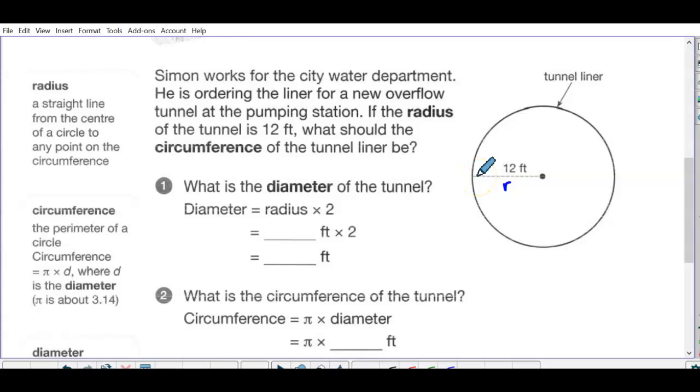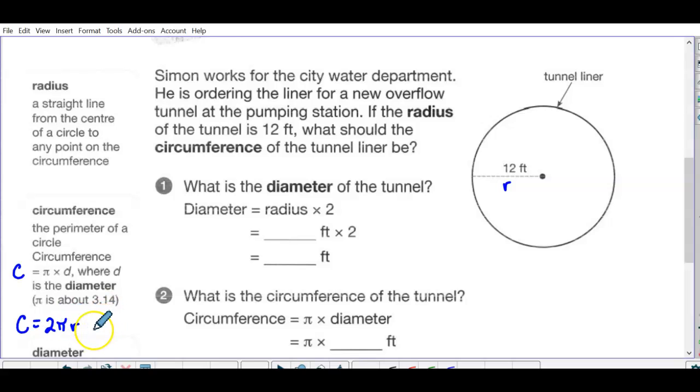So you will have learned, hopefully, two different formulas for calculating the circumference. You'll have learned pi times diameter, it's over on the left here, or C equals 2 pi r.